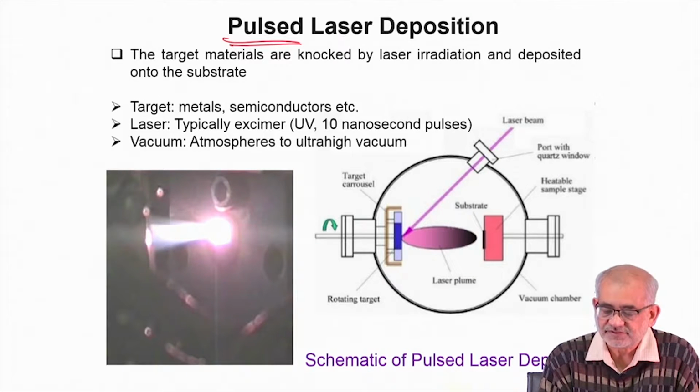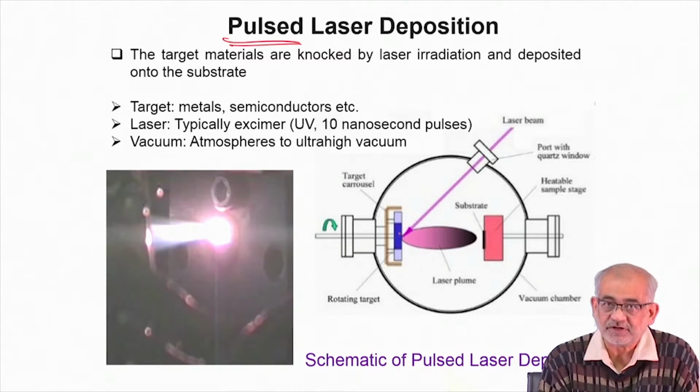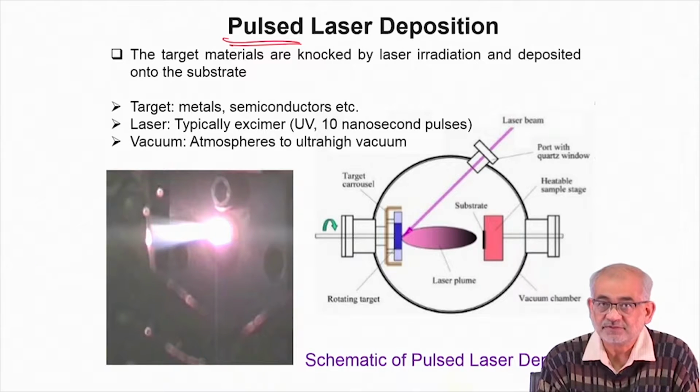So this is the substrate and this is the target, which can be a target of desired composition. So we can premix powders or other feed and then create an alloy here, which can be very different from a conventional alloy.